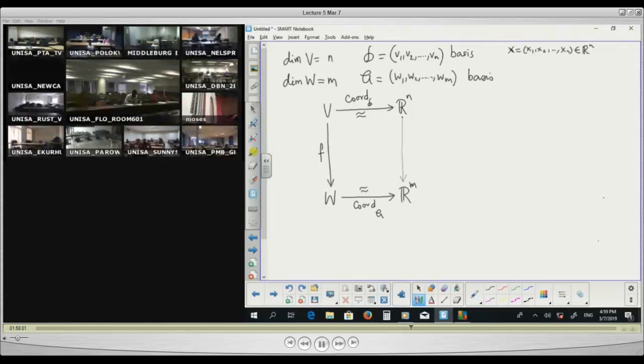So let me make this matrix A, which is, what is the first column? It is the coordinates. Okay? So, how did I do? This is my first column. This is my nth column.